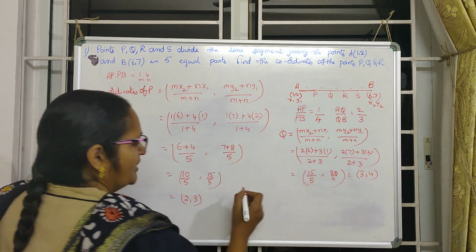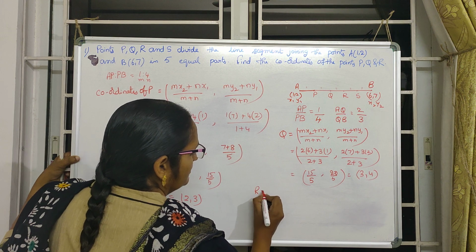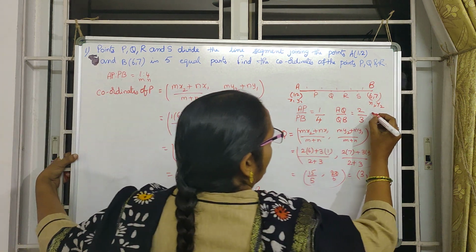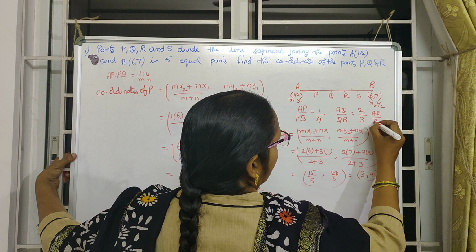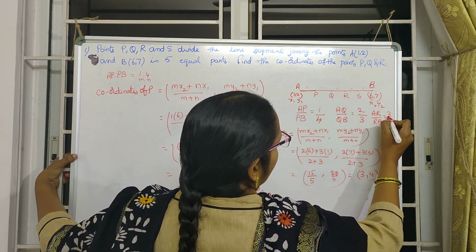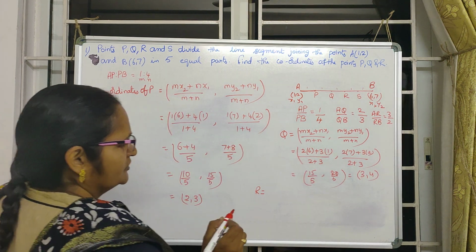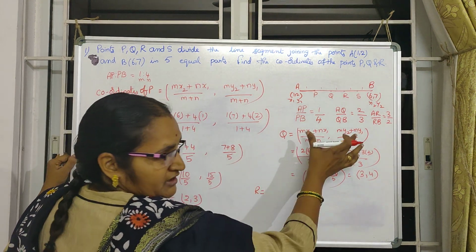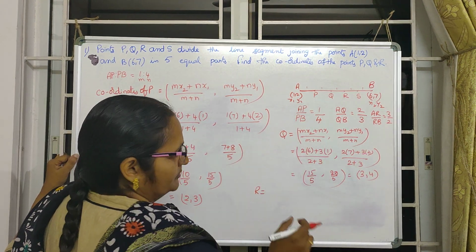Right? In the same manner, how to find the R coordinates? R ratio will be AR by RB. AR is how much? Up to R, this is 3 parts by 2, the 3:2 ratio. Therefore, I am not writing the formula here. You note it down in your books.